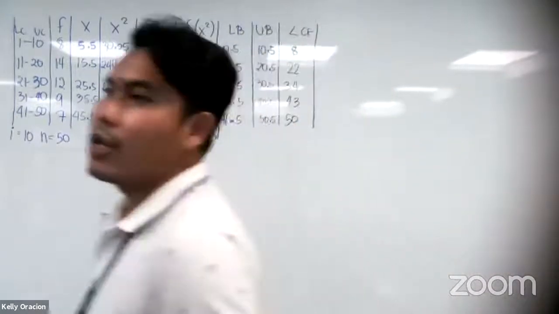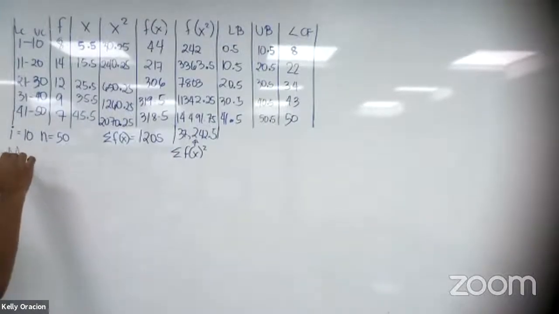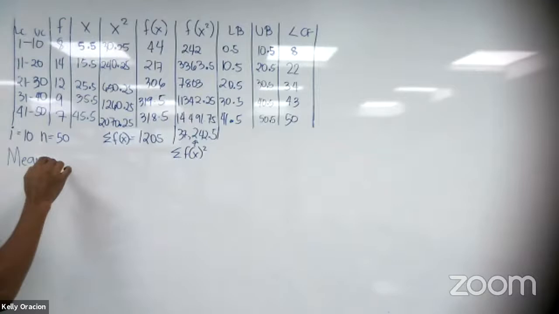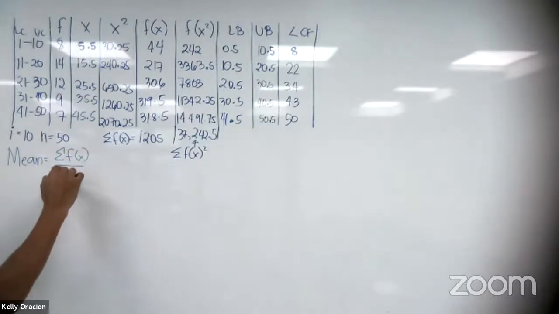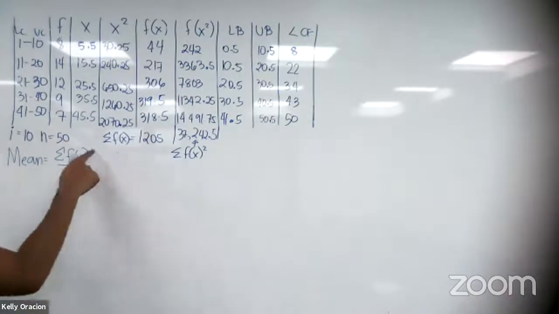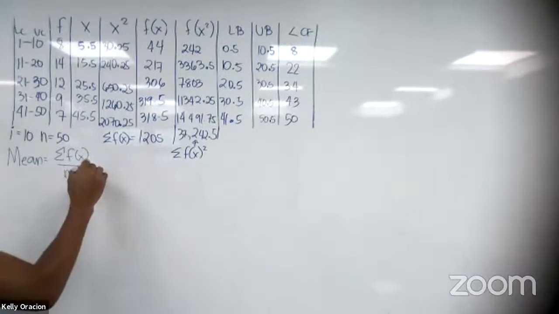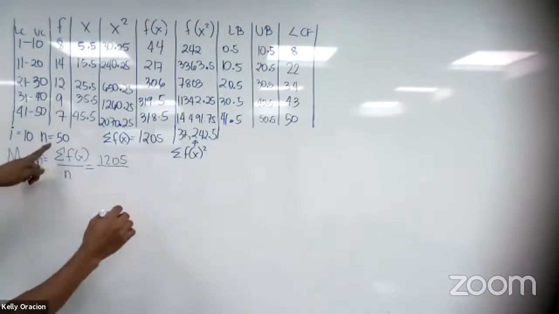Okay? Let's start with the mean. What's the formula of mean? Mean is equal to summation of f of x over n. This is the formula of mean. Our summation of f of x is given na, 1,205. Our n is 50.